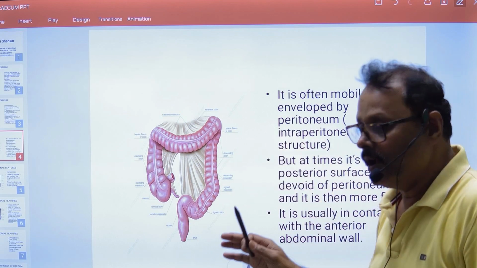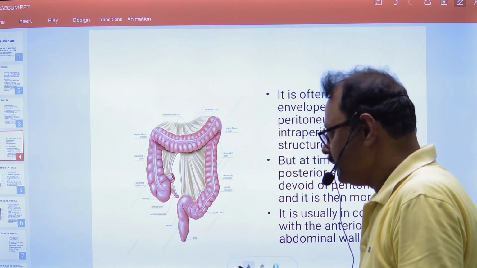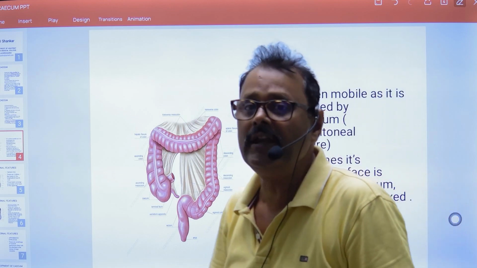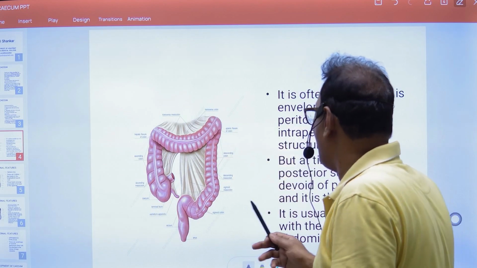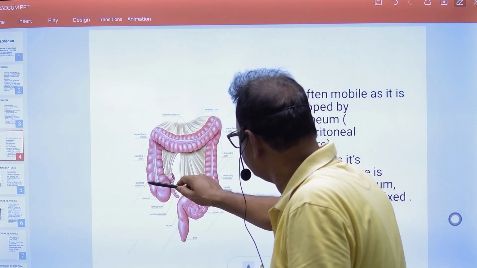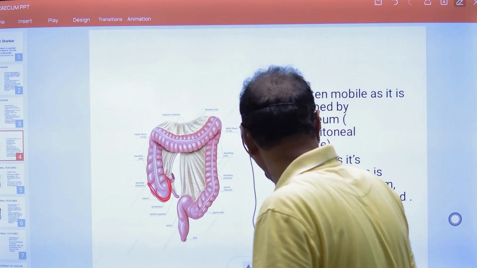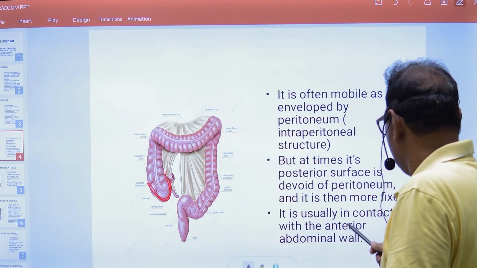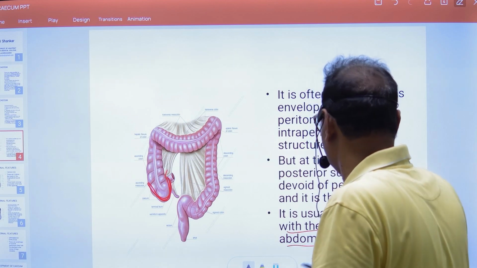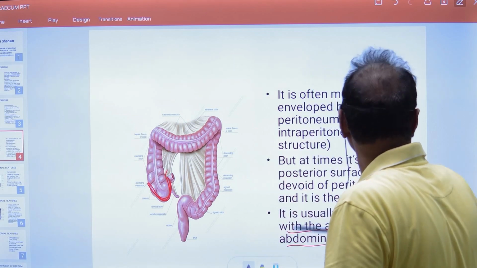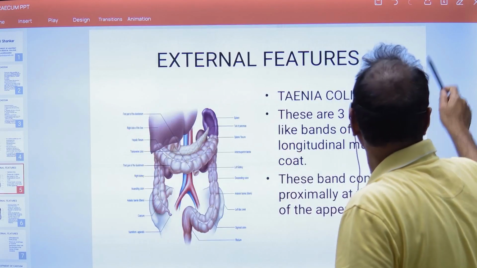Any abdominal organ enveloped by the peritoneum is mobile, and one which is not enveloped by the peritoneum is considered a fixed organ. This structure has peritoneal folds, and it is in direct contact with the anterior abdominal wall. It lies more towards the anterior abdominal wall.